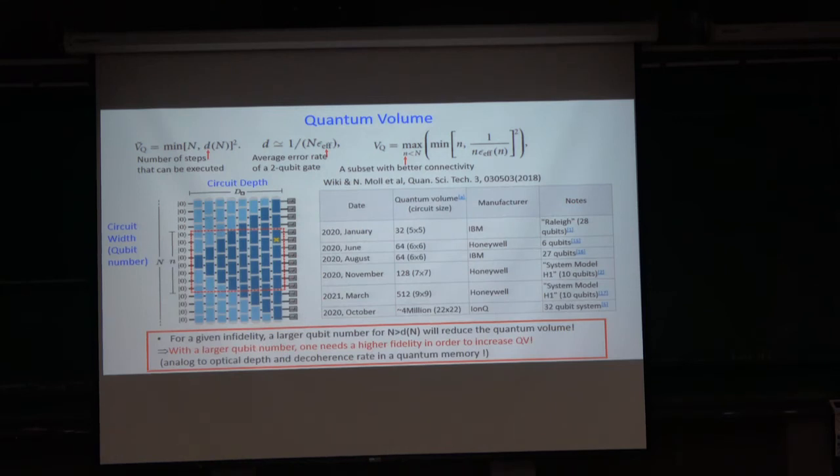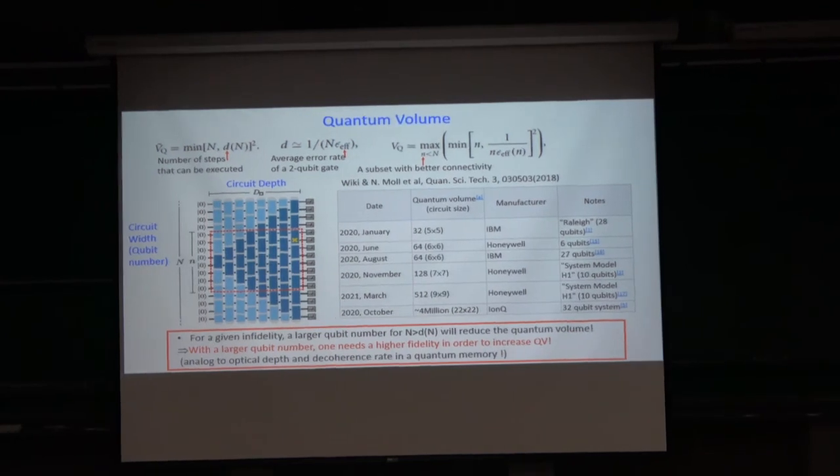However, if you want to really evaluate the performance of a quantum computer, some people define different quantities, for example, quantum volume. Qubit number is the circuit width. How many operations you can do within the coherence time is the circuit depth. And not just this, the fidelity needs to be high enough.